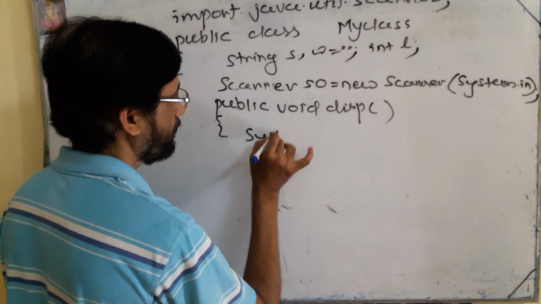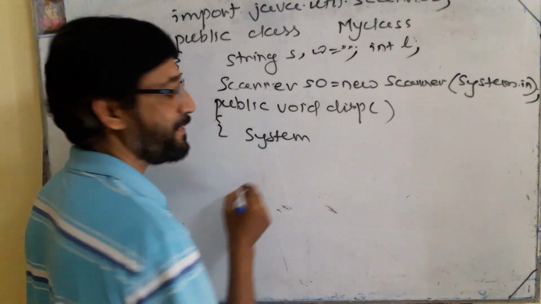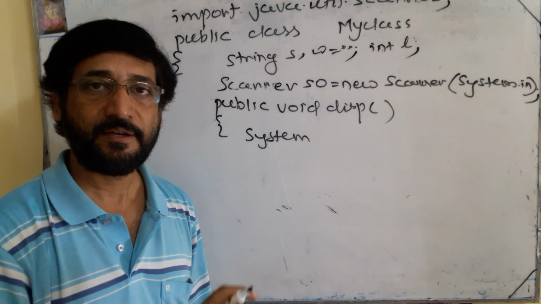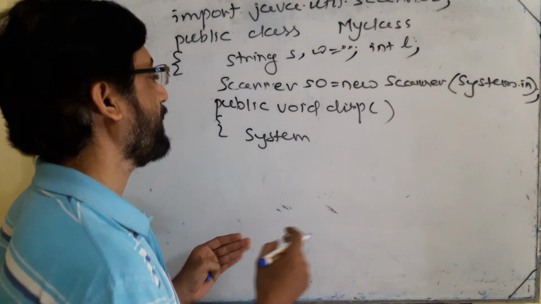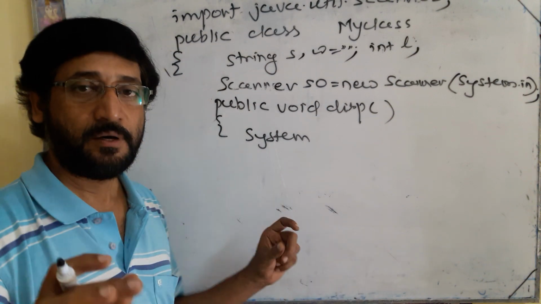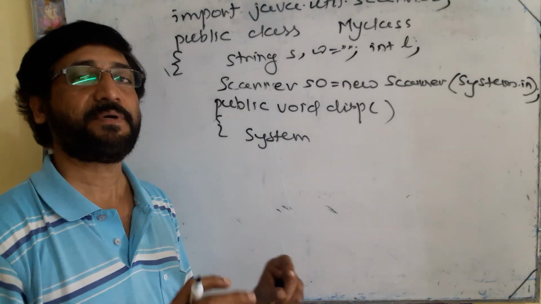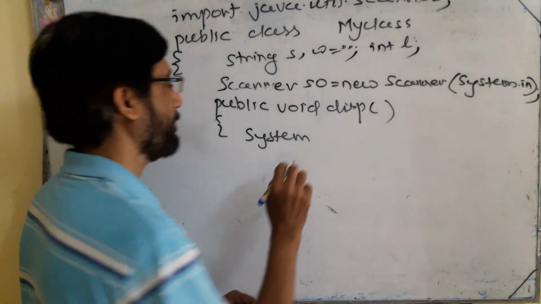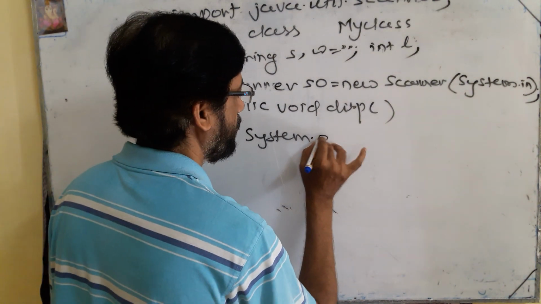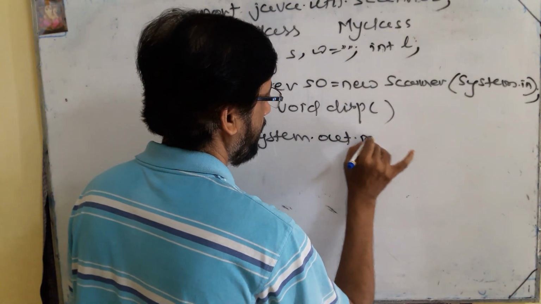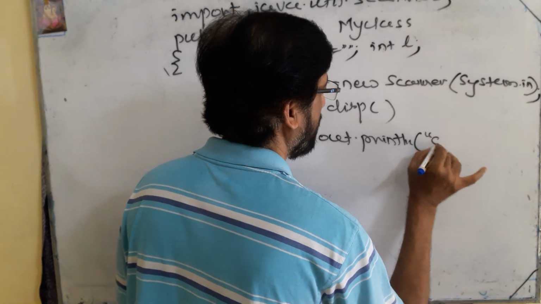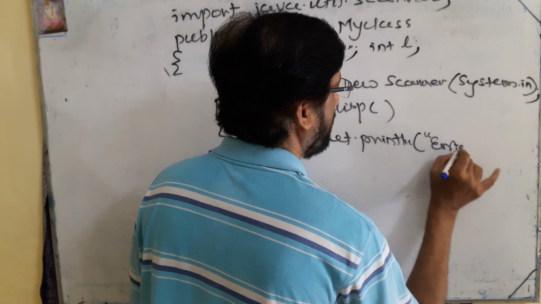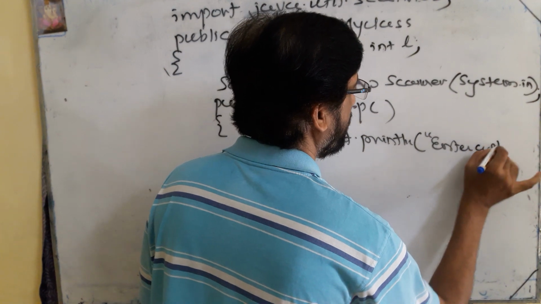System dot out dot println. Always write System.out.println in full. Don't write sopln or short forms as I'm writing. You have to write the full statement, that is System.out.println or print. System.out.print or println. Enter a string. Here is the user prompt, enter a string.